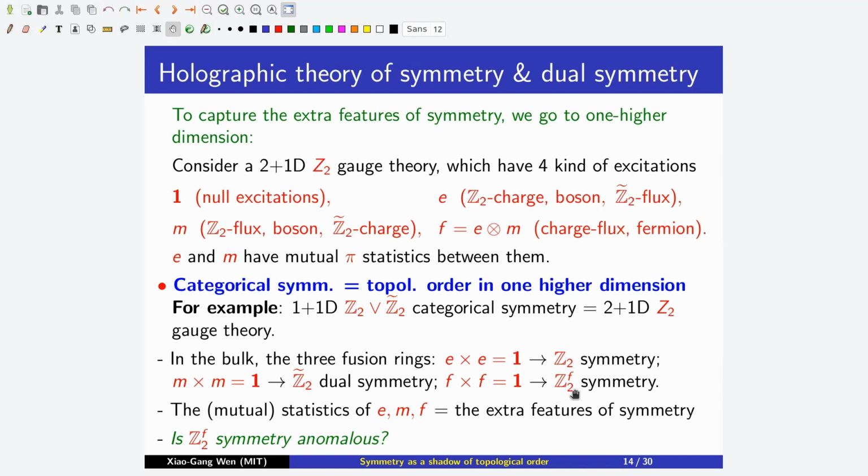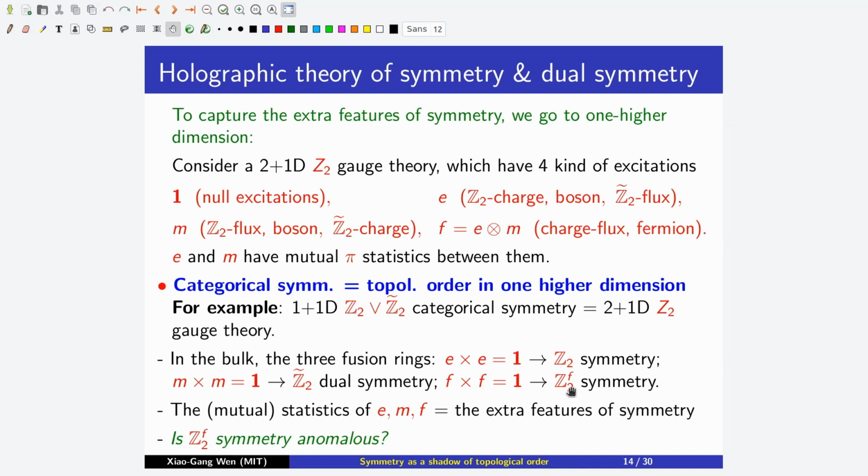The end string is a semion, not a fermion. So again, we encounter some funny situation. We have a Z2 symmetry which looks anomalous, but this actual feature is not anomalous. An anomalous symmetry has an end string that is a semion. Here, the end string is a fermion.